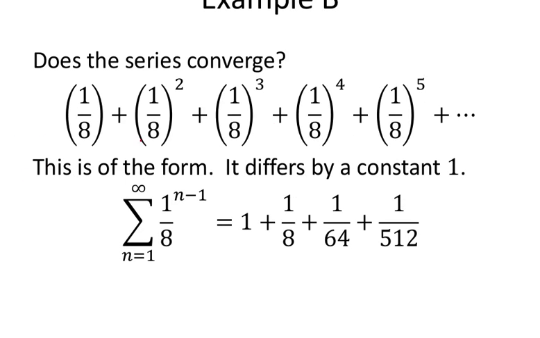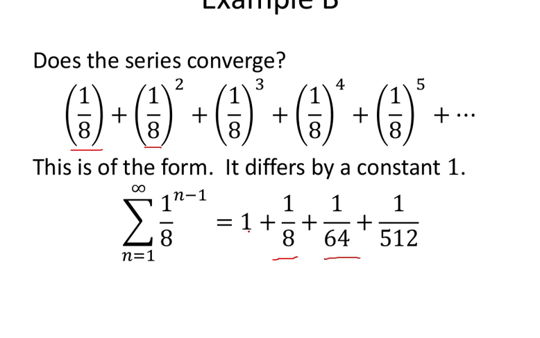And so I had to do a little bit of rewriting because what I had before was n, and this is n minus 1. It differs by a constant of 1. So here this series starts off with 1/8 and 1/8 squared. I had to adjust it to make this 1/8 and 1/64 here with this 1 extra in front of it, which was just an accommodation I made.